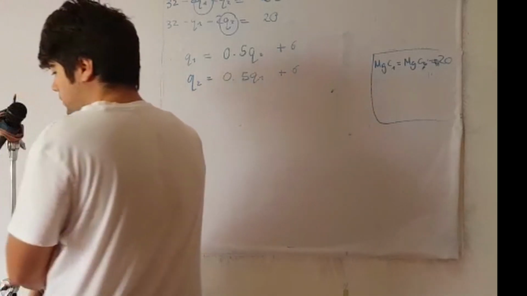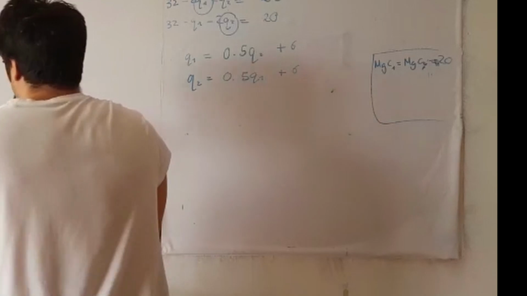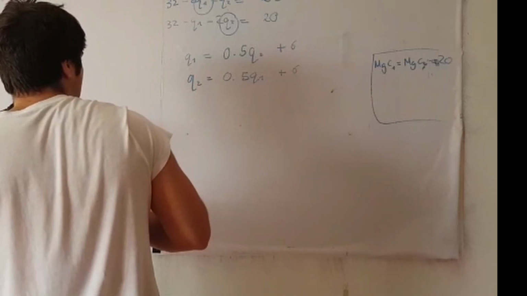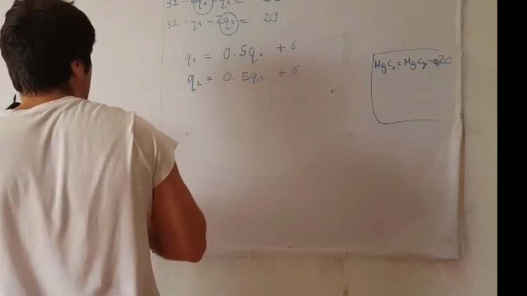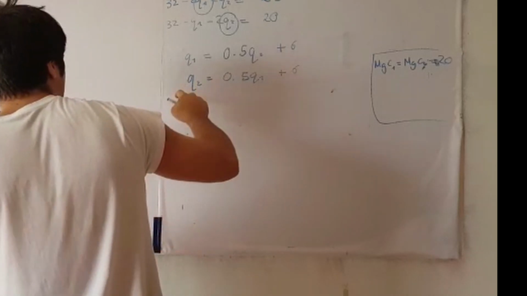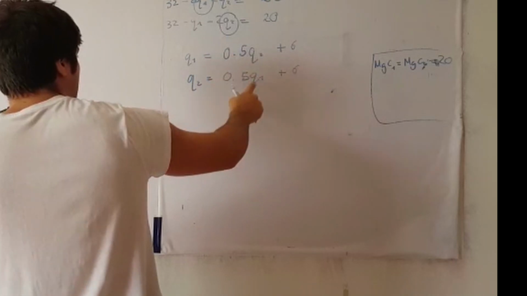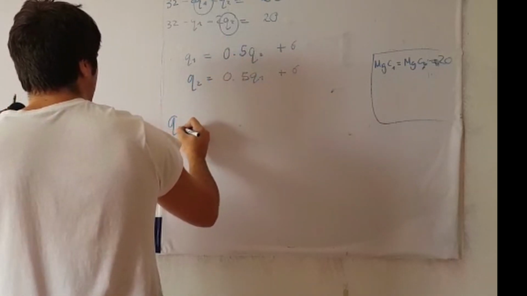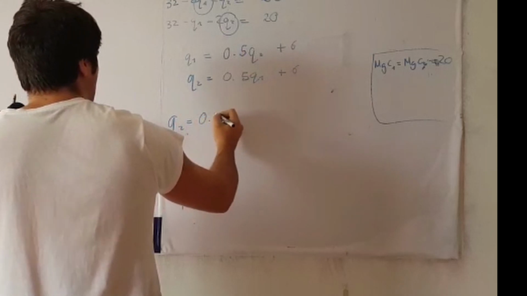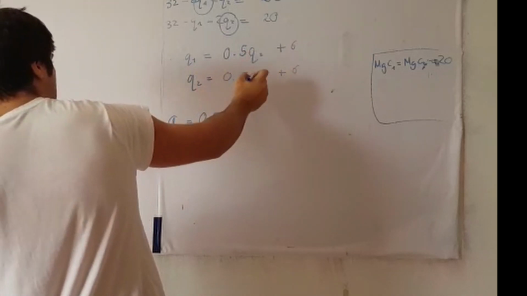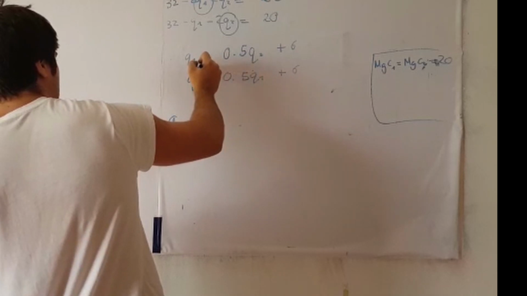Okay, so now we actually finished, and all we have to do is calculate the quantity of Q1 and Q2. So for this, the only thing you have to do is substitute Q1 here. So Q2 is going to be equal to 0.5 Q1, which is this here. So this is equal to this.